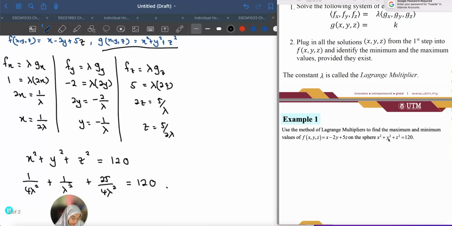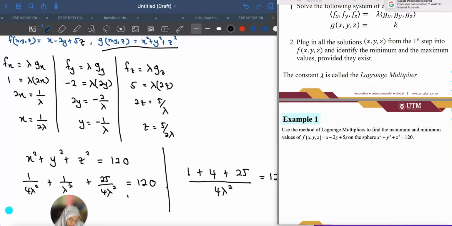Okay, so we want to simplify the form. We only have the equation in terms of lambda now, so we can write that as 1 plus 4 plus 25 over 4 lambda squared equal to 120.